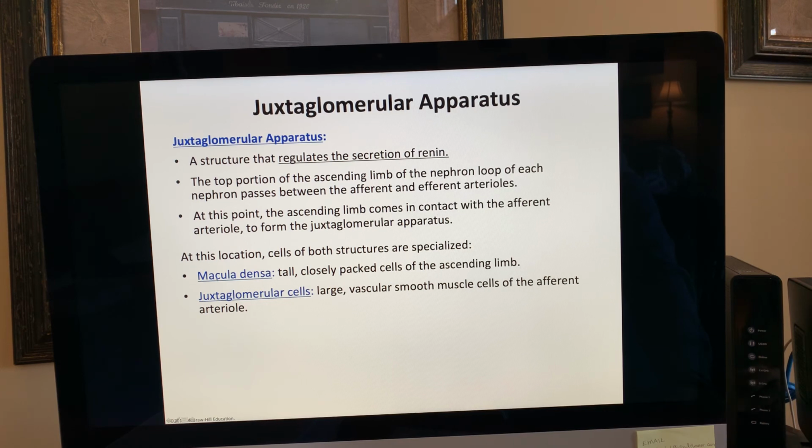These cells are found in the ascending limb of the nephron loop, where it comes right next to the afferent arteriole, and they sense the concentration and the volume of fluid within the distal convoluted tubule. If that flow decreases, such as someone who is, say, dehydrated and not making as much urine, they can signal these juxtaglomerular cells to produce a hormone called renin.